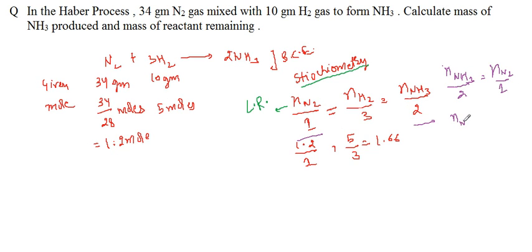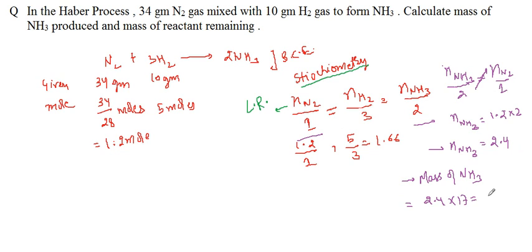So moles of ammonia will be 1.2 multiplied by 2, that is 2.4 moles. And the mass of ammonia will be 2.4 into 17, that is 40.8 grams.